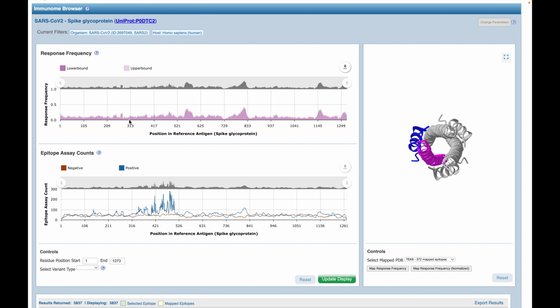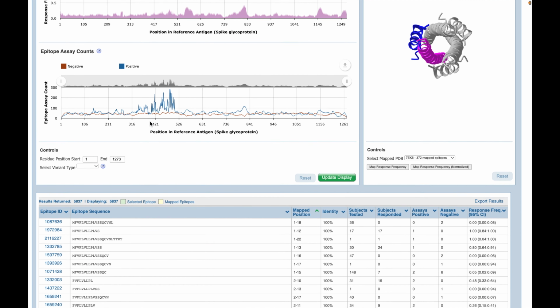In the x-axis, it just shows the residue numbers of the protein, and the y-axis indicates the response frequency. What we see here in this graph is the confidence interval of the response frequency. The response frequency, or RF, is responded subjects divided by the total tested subjects.